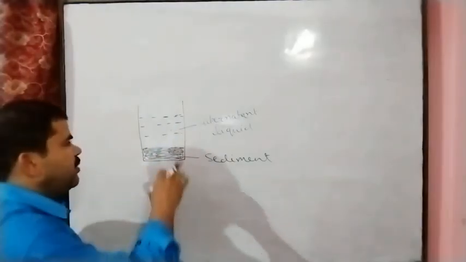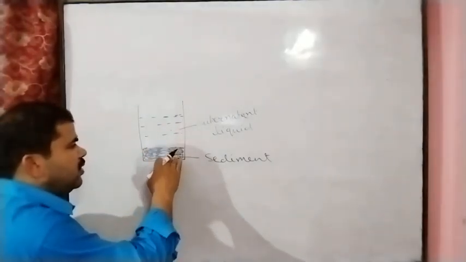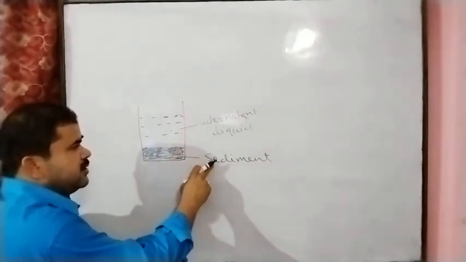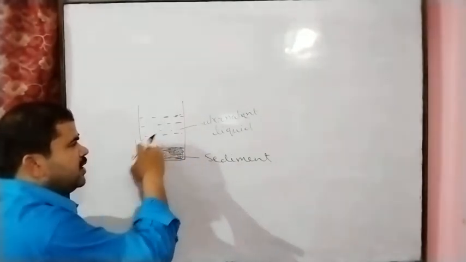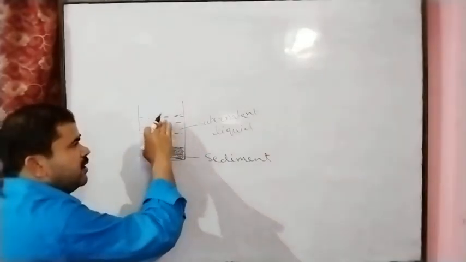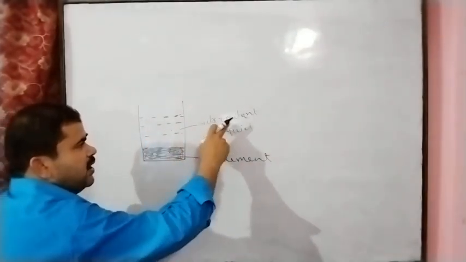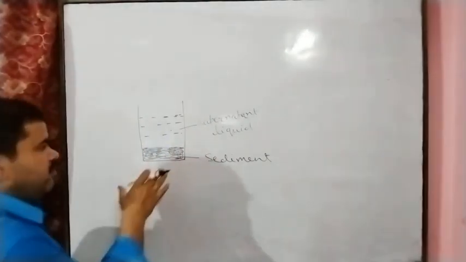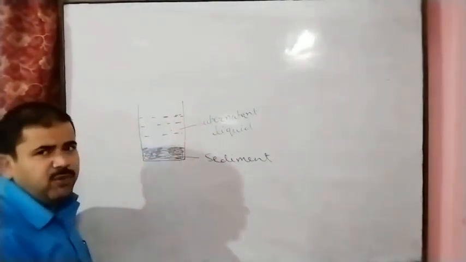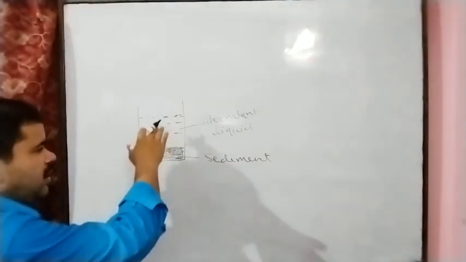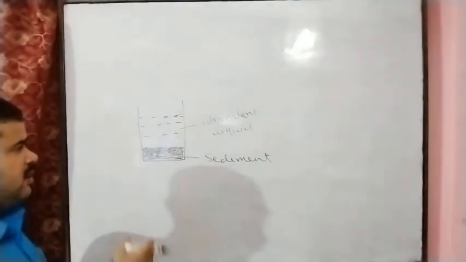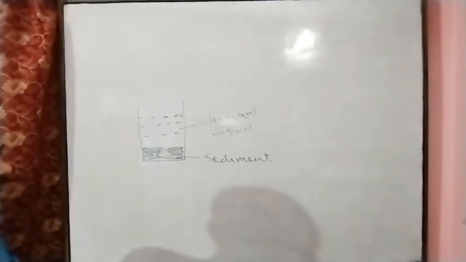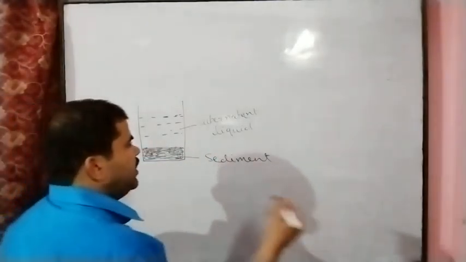The sand particles settle down at the bottom of the container and form the sediment layer, and above it the clear water is present. This is called the supernatant liquid, and this process is called sedimentation. All the sand particles are deposited and change into the sediment layer.